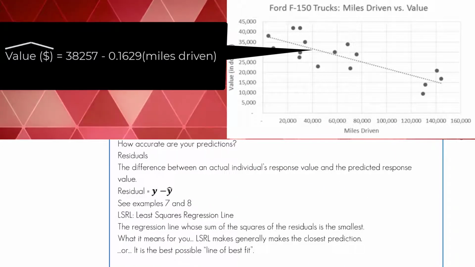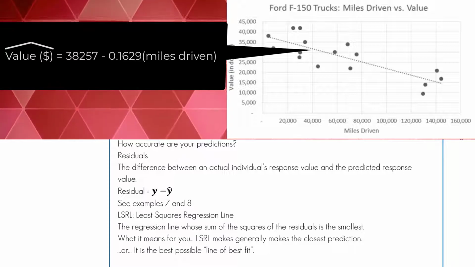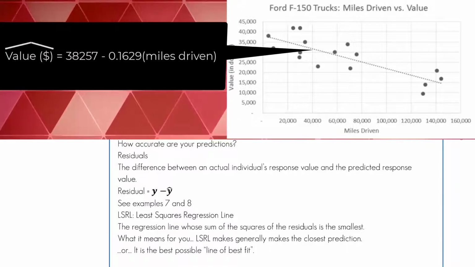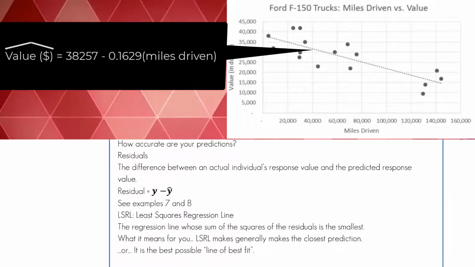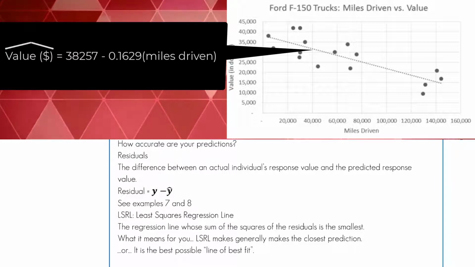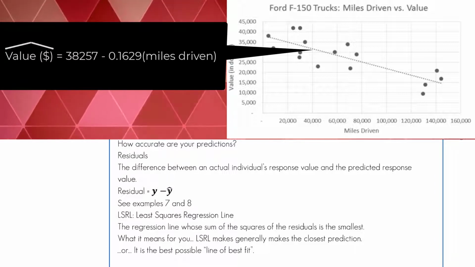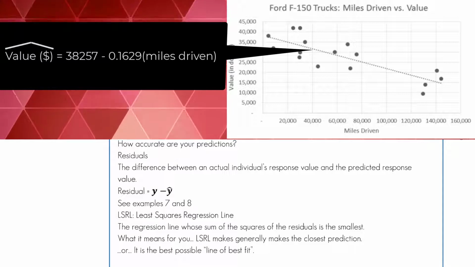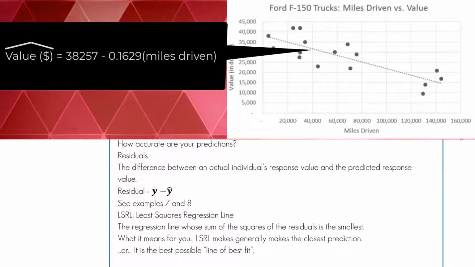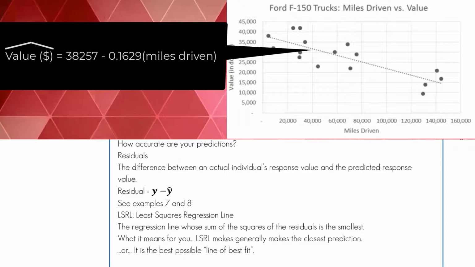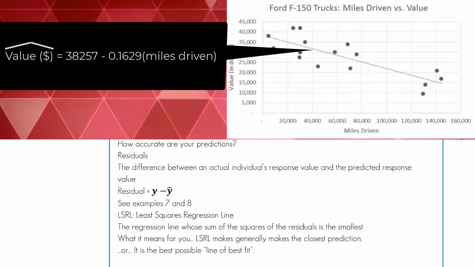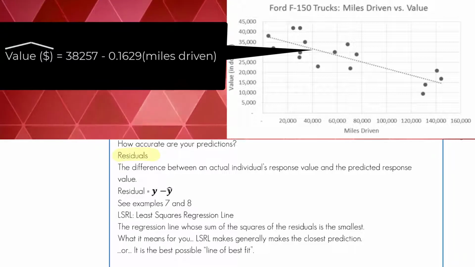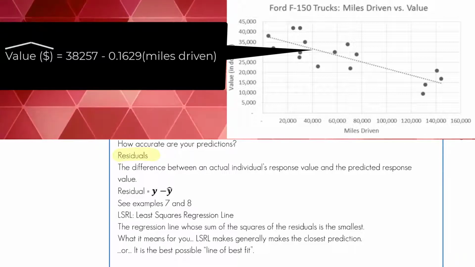Since we use this model to make predictions, one of the natural questions to ask is, how accurate are your predictions? If you're interpolating, how close are you actually going to be to guessing the value of the response by just looking at the explanatory variable? Well, that's where residuals come in. They are a way to gauge how accurate our predictions are.